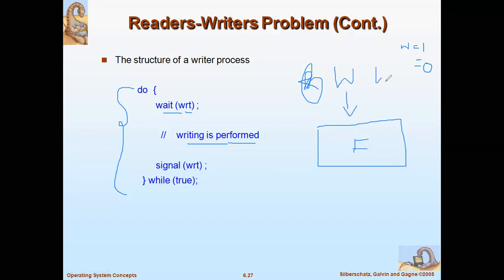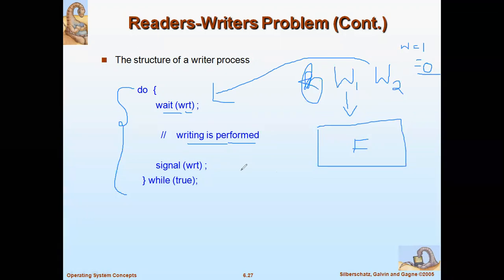Now let me assume that writer 1 is writing into this file. At the same time, W2, the second writer, also wants to access its critical section. So let us consider this case. What is the value of WRT now? It is 0, because writer 1 is executing. That means it has set WRT to 0 and has not yet come out.